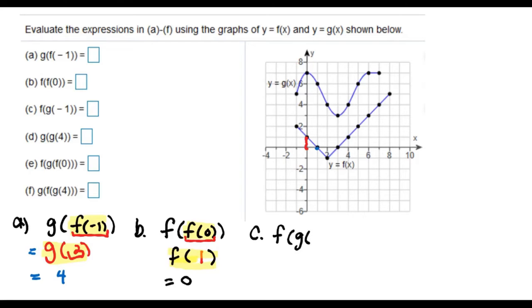f of g of -1. So we'll start with g of -1. We have an x value of -1. I'm going to go all the way up to the graph of g, and the y value is 5. So g of -1 is 5.